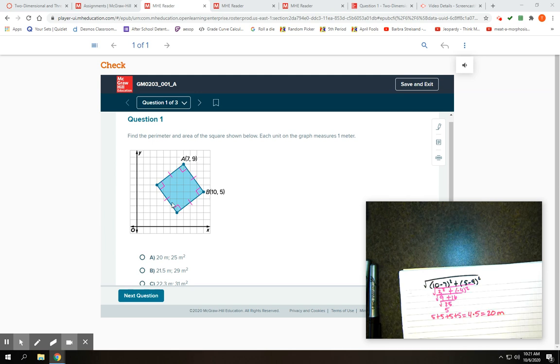Then for the area, that's going to be side times side, length times width. So 5 times 5, which is 25. And again, we're working in meters, and area is always squared. So the answer is going to be A, 20 meters and 25 meters squared. Questions on that?